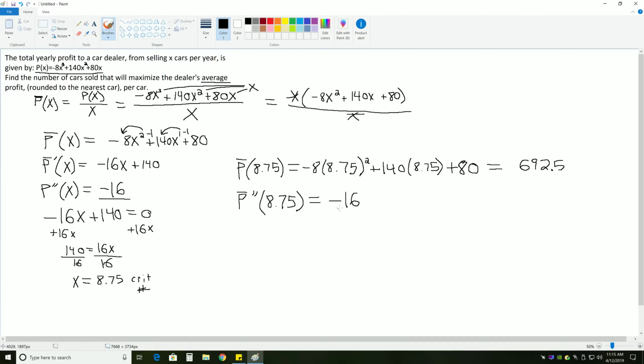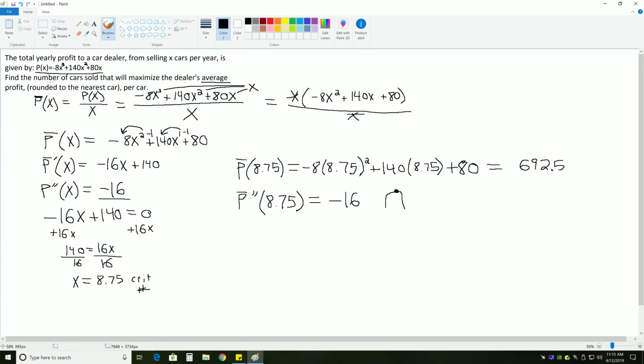In this case, because it's a negative 16, that means it's concave down, which means that we have a maximum. So we have just proved that at x equals 8.75, we have a critical number, and that critical number represents a maximum.